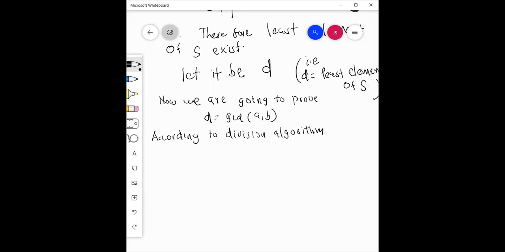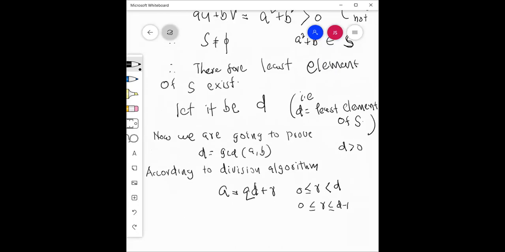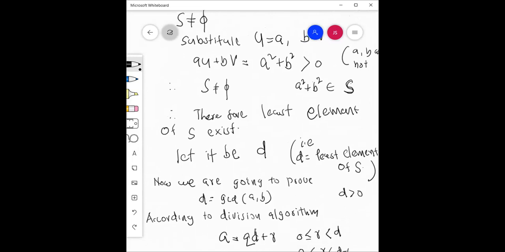because D is greater than 0, A is equal to QD plus R, right? And what is R? R is between 0 and D; it is strictly less than D. Or one can write R is less than or equal to D minus 1 and greater than or equal to 0. We know that D is greater than 0 because it is the least element of S. Why is it the least element of S?